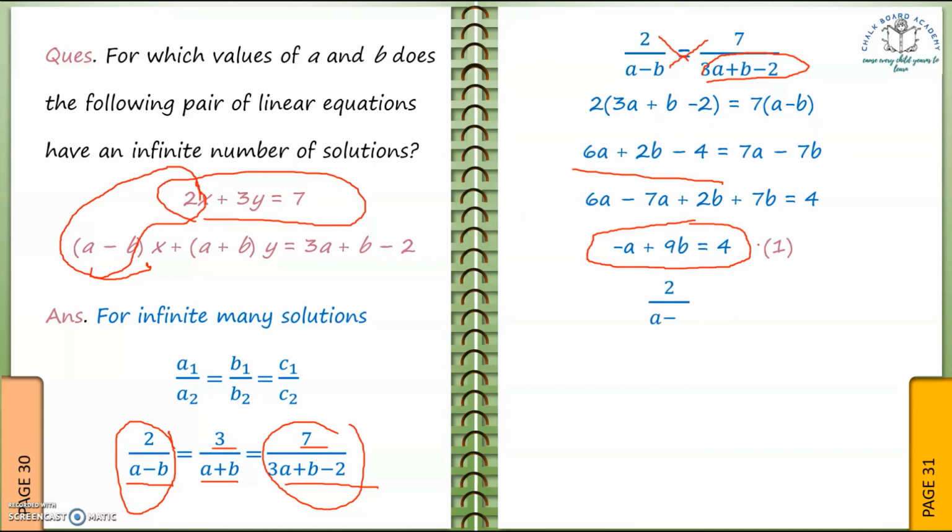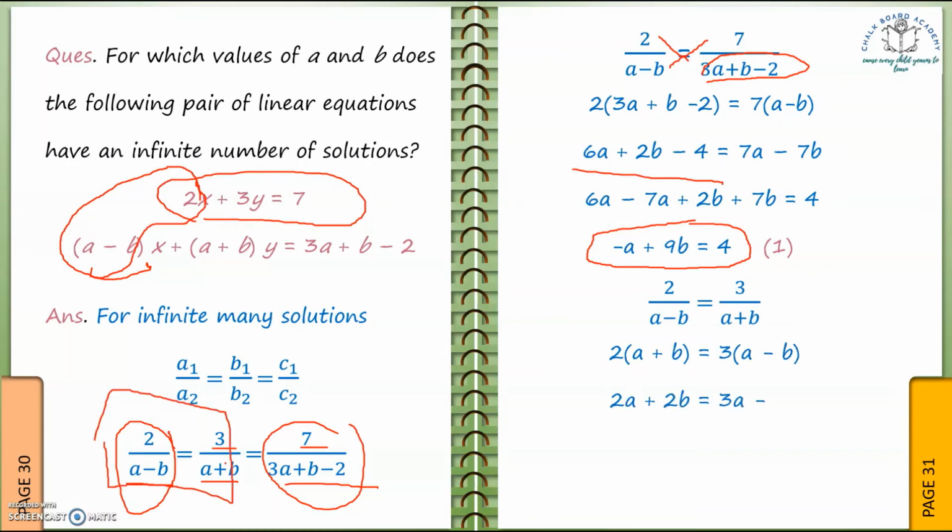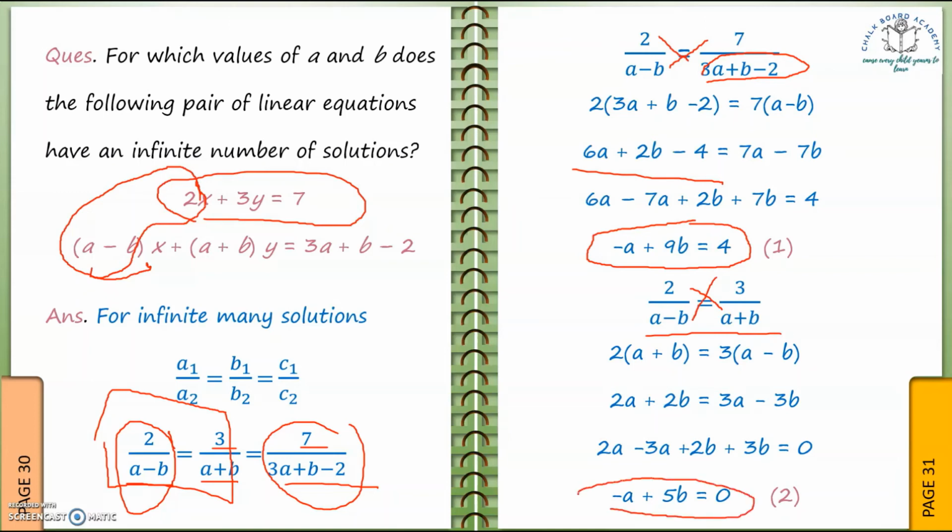Similarly, in the next part, we are comparing the first two ratios, that is 2 by a minus b and 3 by a plus b. After comparing them, we again do cross multiplication, and we have got this as a result, minus a plus 5b is equal to 0.